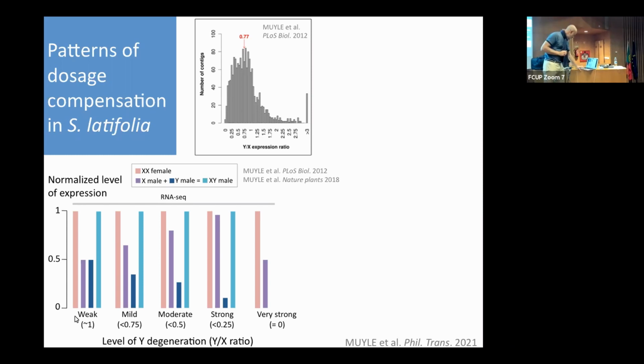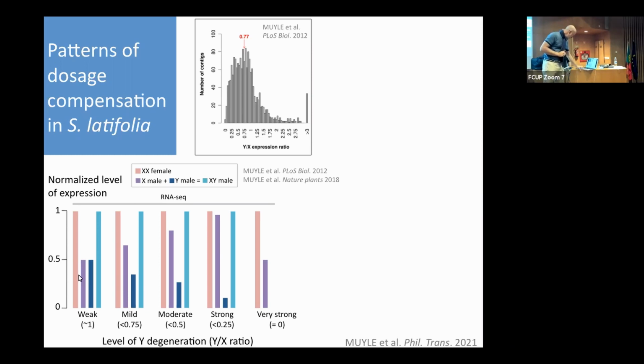So the first category has weak degeneration. The last category has very strong degeneration, and the level of the degeneration is in between for the other gene categories.